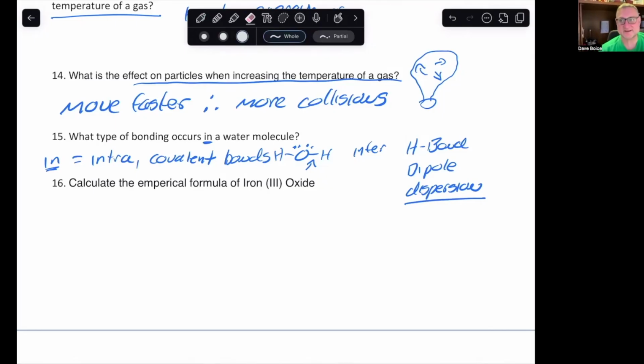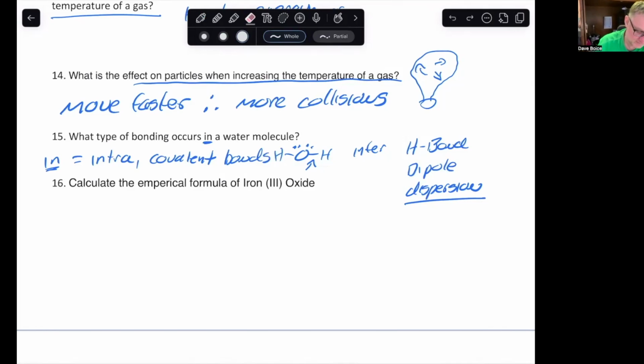And sometimes the positive nucleus is more exposed to, say, a more negative side of a different molecule where its electrons are more on the other side. So that happens with all covalent compounds. They all have dispersion, kind of like a strip of Velcro. The more you have, the more powerful it'll be. So dipole just means that it's a polar molecule.